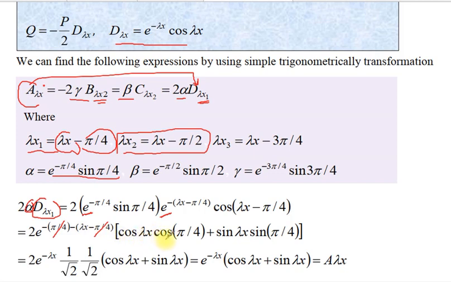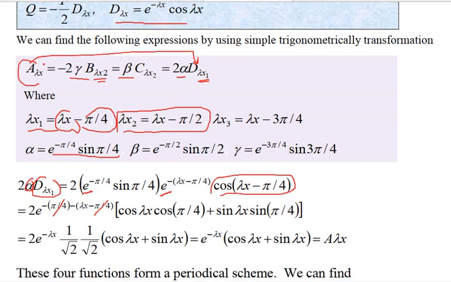Cosine lambda x, by using trigonometric relations, cosine lambda x cosine pi over 4 plus sine the first lambda x sine the second pi over 4. Since cosine pi over 4 and sine pi over 4 equal to 1 over square root 2.